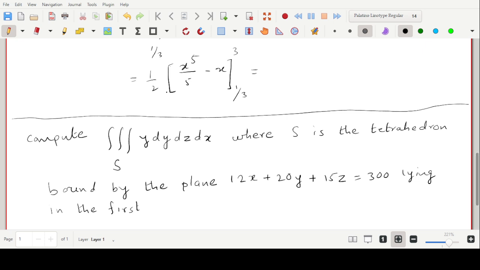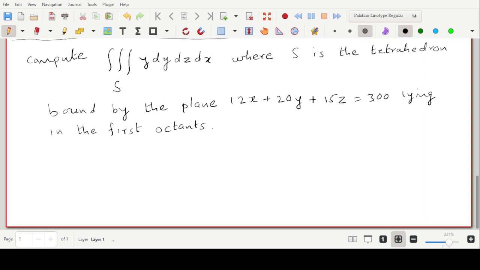So now, as we have quadrants in the plane, we have octants in 3 dimensions. So the first octant means the part of the space where all x, y and z coordinates are non-negative.